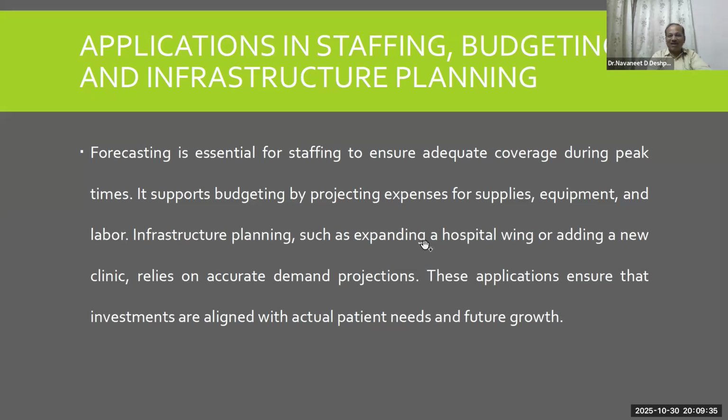Infrastructure planning is expanding a hospital, sometimes increasing the A wing or B wing of the hospital, adding a new clinic nearby, or adding many other restrooms, or having people who are able to encourage conversations between all the stakeholders, which is missing in most cases, at least in some states. So we should know these applications ensure that investments are aligned. First of all, whatever investments are there, they should not go to waste.